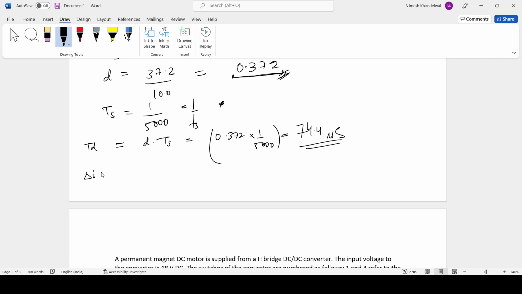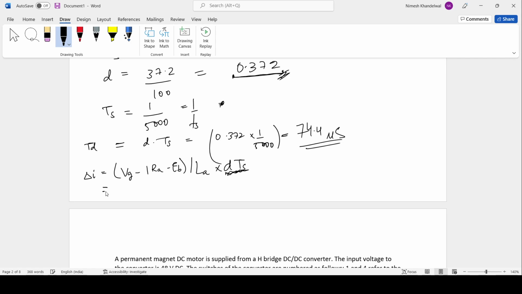So ripple in the armature current is given by this equation: Vg minus the armature current times the armature resistance minus EB, divided by the inductance, times the on time. Because this is the time for which it was on, and this is what creates the ripple.